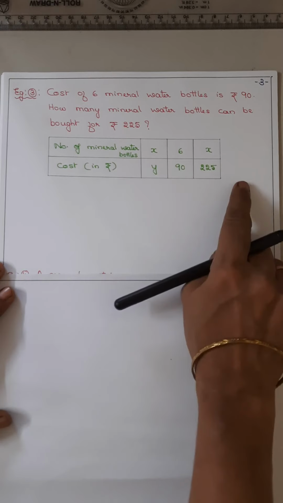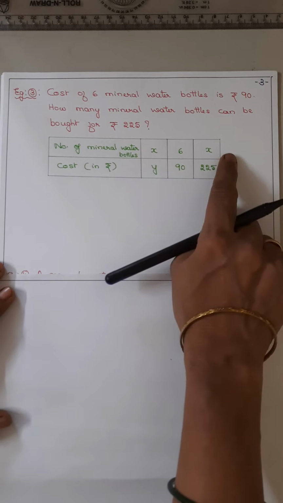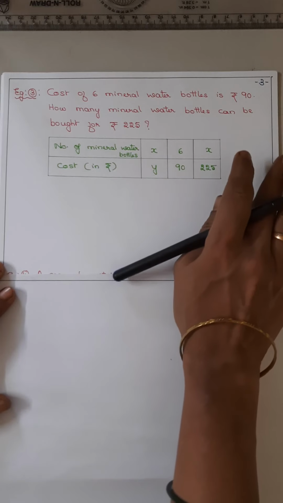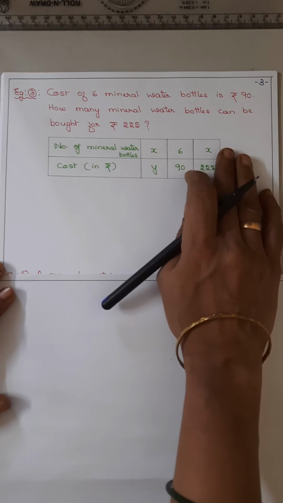So cost के सामने cost, number of bottle के सामने the number of bottles. If it is not given, x.